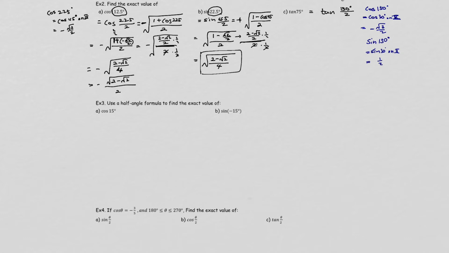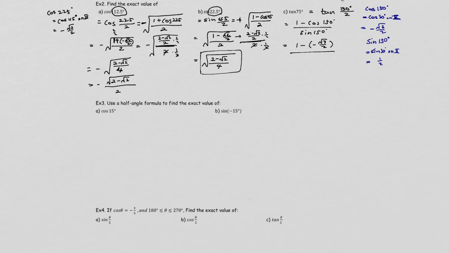So with that two value, let's plug into the formula. The formula of tangent half angle, I'm going to use 1 minus cosine 150 degree over sine 150 degree. So then I can replace cosine 150 as negative square root of 3 over 2.